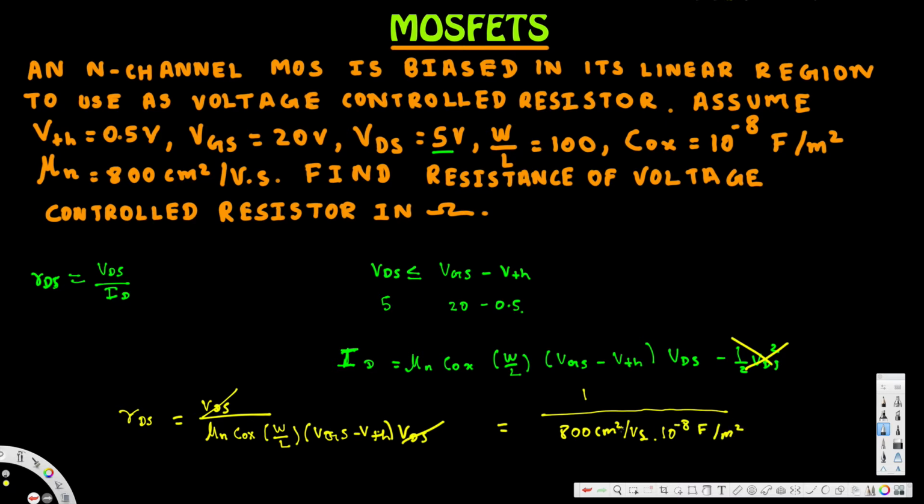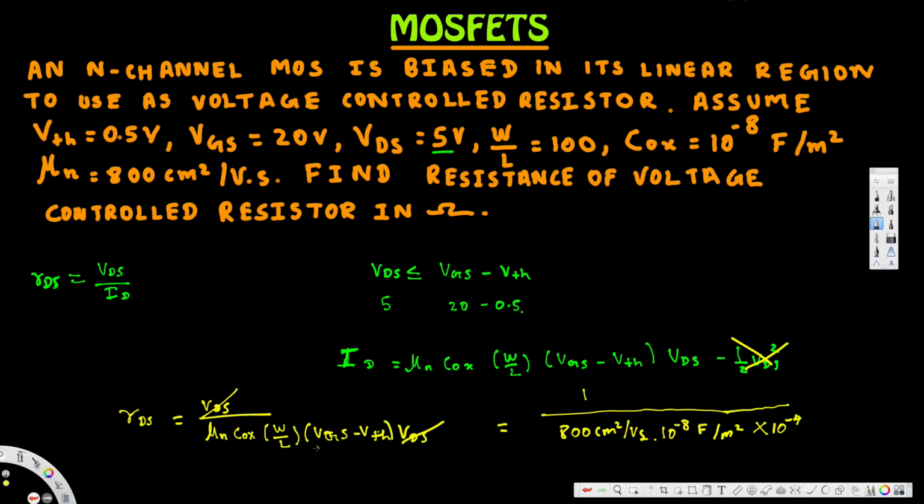So here you can see this is in centimeter square, this is in meter square. So we have to convert this one into centimeter square. Since the meter square is in the denominator, we have to multiply this one by 10 to the power of minus 4. In this way we can cancel this centimeter square and this one.